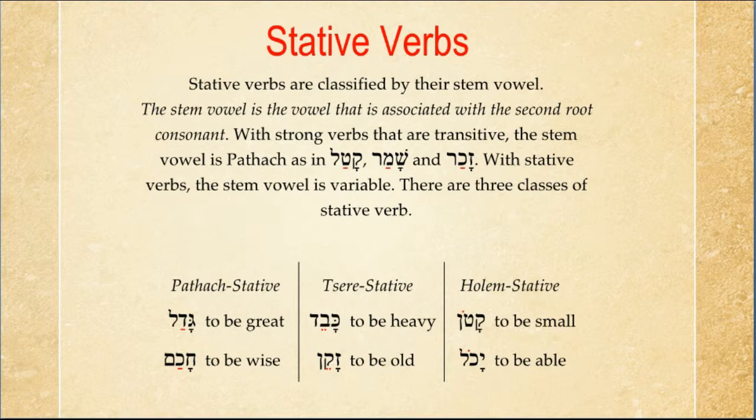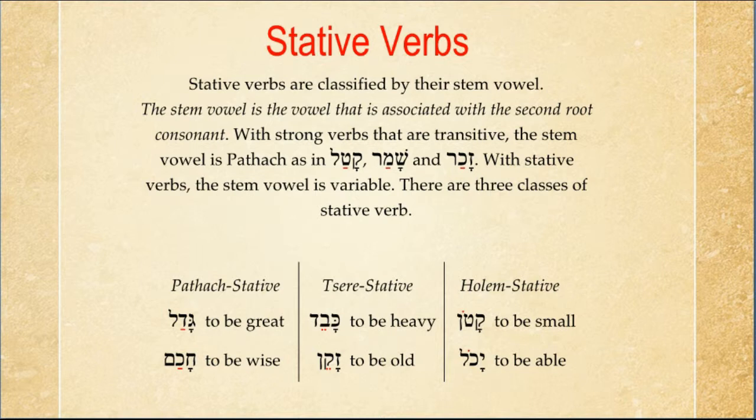Please keep in mind that this variation happens only in the stative verbs. Remember, there is transitive and stative in Qal, but out of those, only within statives would you have a stem vowel variation. So it's really not a huge occurrence, but you need to know about it in case you see it.